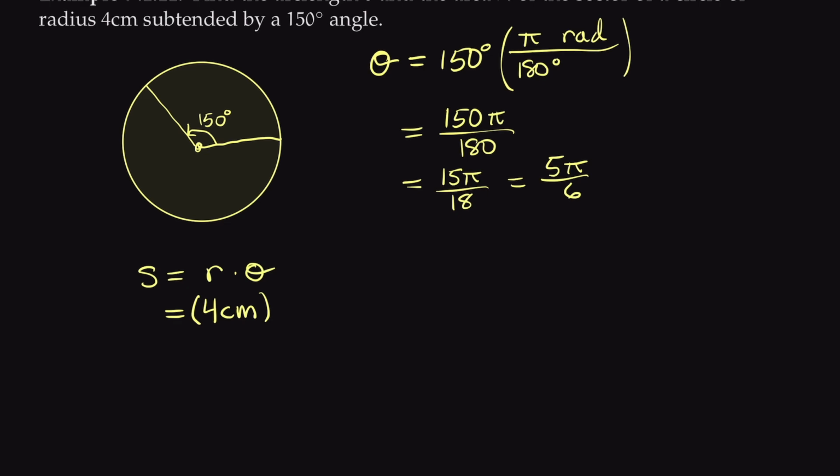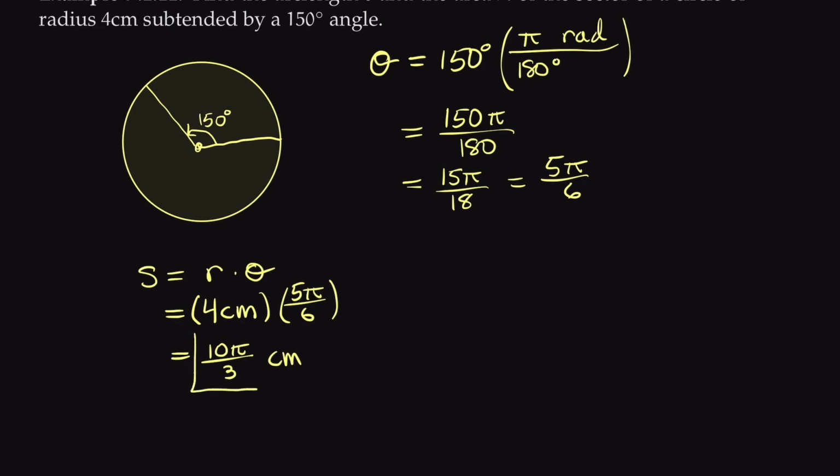And then we have theta, which is 5 pi over 6. Okay, so when we multiply those two together, we're going to get 20 pi over 6 or 10 pi over 3 centimeters. It doesn't actually tell us to round here, so we could leave it as this exact answer.